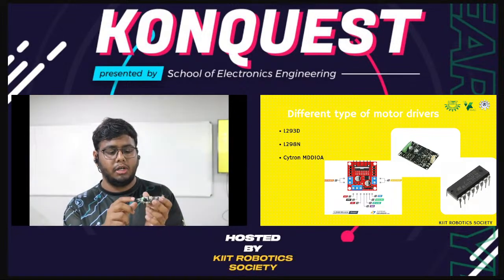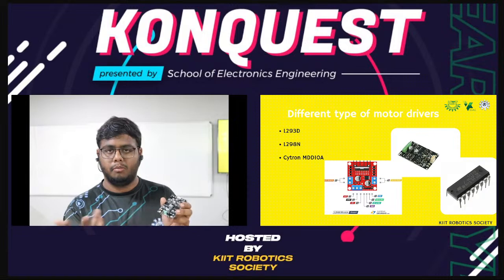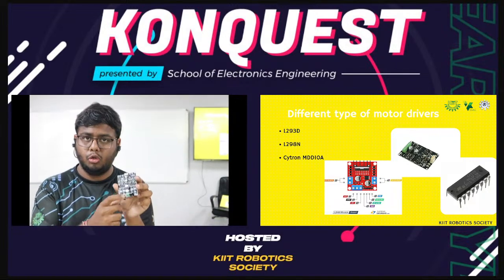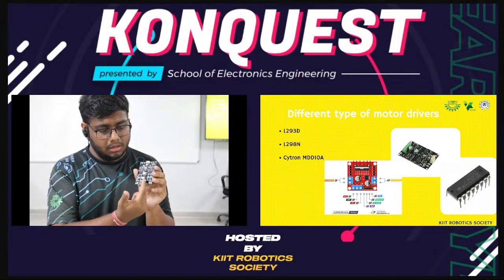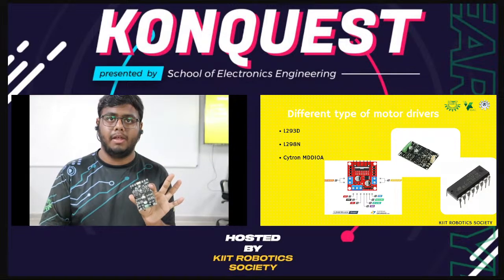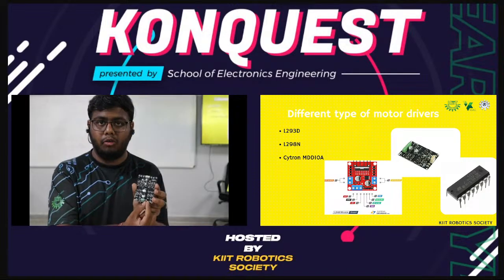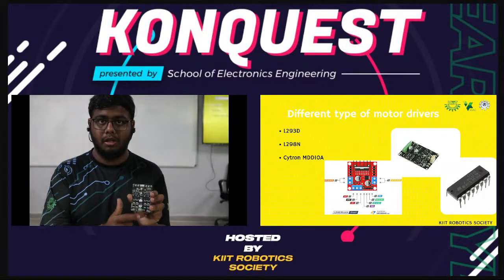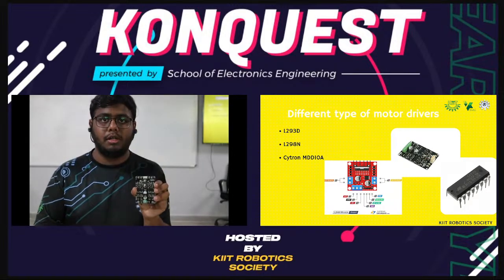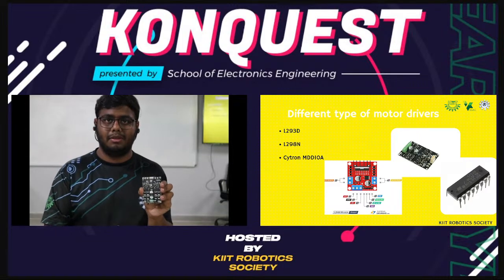It's also a dual channel. Now this channel got broken, so we have soldered it down. This is also dual channel, but the current output is very high. From these two terminals, where you have to plug in your motors, the output current is about 10 amps.